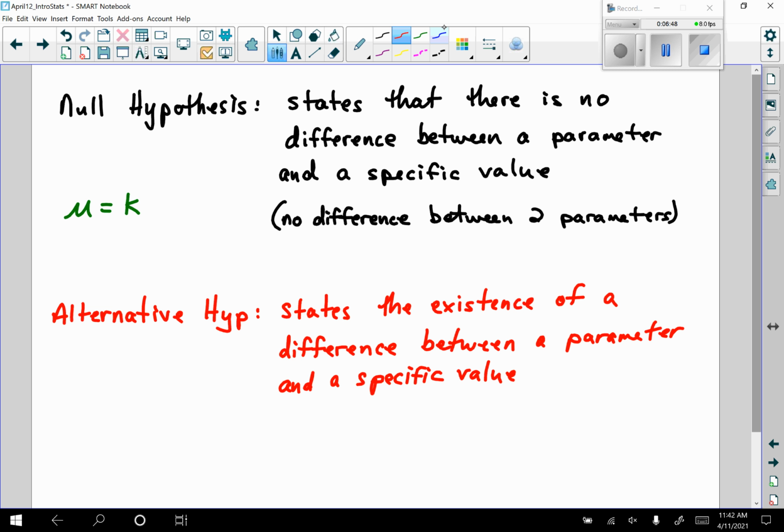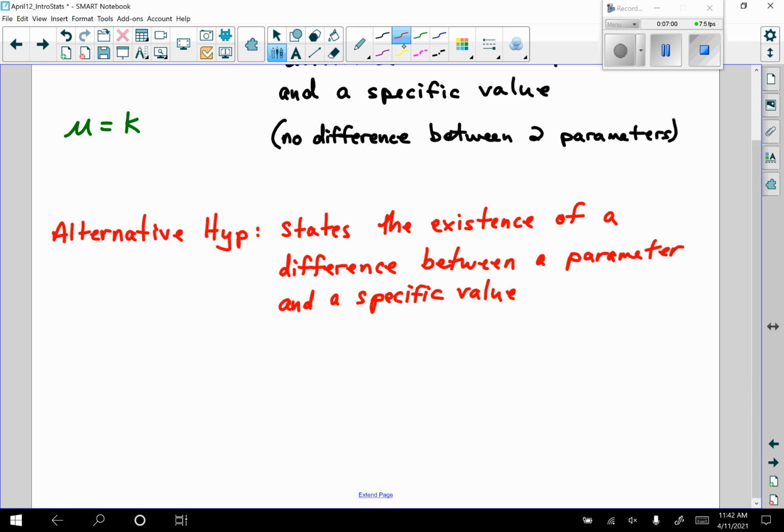So what that means is, let's say the difference between a parameter and specific value, that specific value might just be the sample mean, but we could also compare like two population means. I'll just abbreviate here, difference between two parameters.